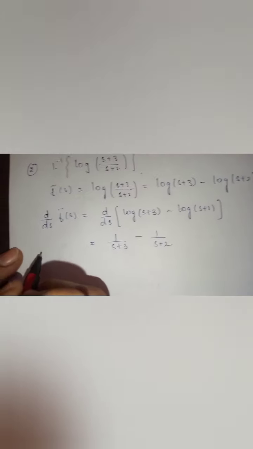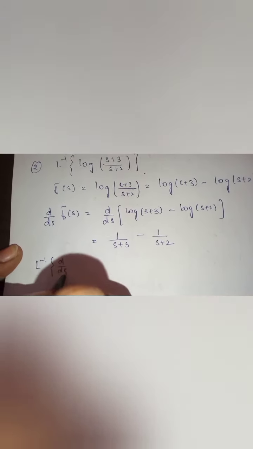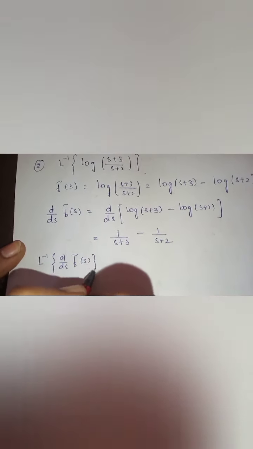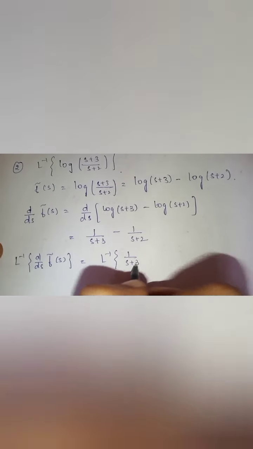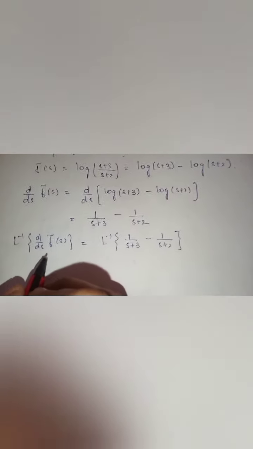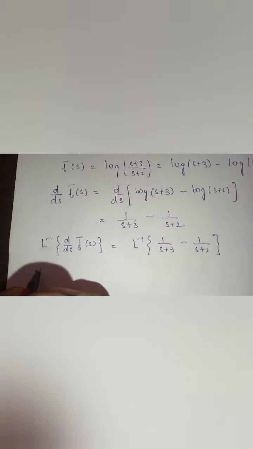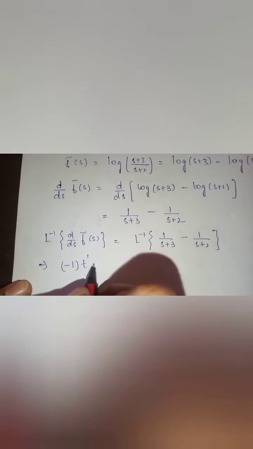Now applying Laplace inverse, the Laplace inverse of d by ds of f bar of s is equal to the Laplace inverse of 1 by (s plus 3) minus 1 by (s plus 2). According to the property, this equals minus 1 into t to the power 1 into Laplace inverse of f bar of s.